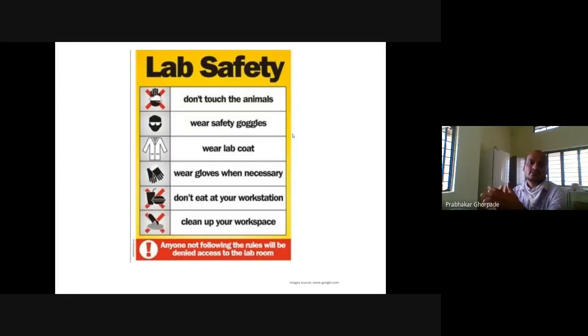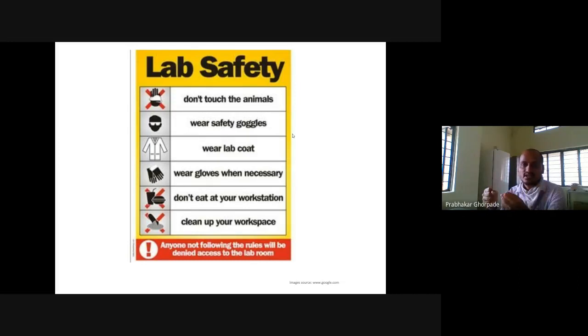In our laboratory, you should remember that there are some laboratory safety protocols. You shouldn't touch the animal without supervision, and even if it is an experimental laboratory setup, the same applies. Wearing safety goggles is important because some acid can spill and may cause damage to our eyes.